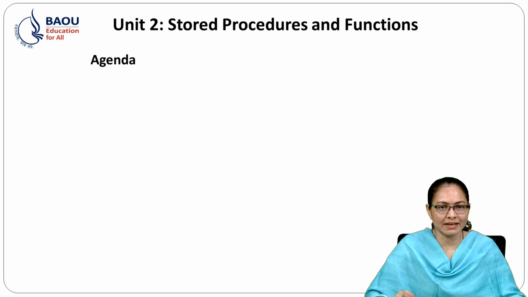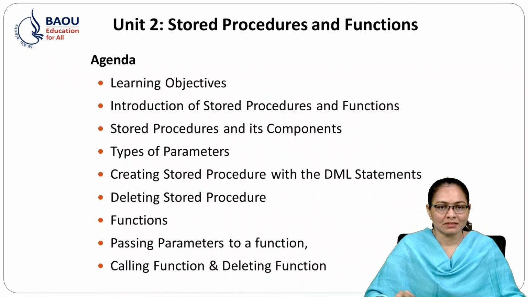First of all, we see the agenda of Unit 2: the learning objectives and outcomes, introduction of stored procedures and functions, stored procedure and its components, types of parameters, creating stored procedure with the DML statements, deleting the stored procedure, functions, passing parameter to the function, calling function and deleting the function, etc.